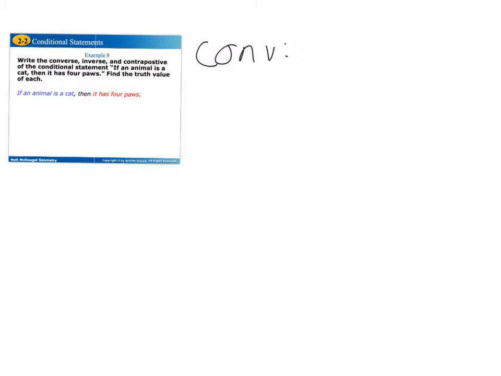Converse just means I'm switching the red and the blue. So the conditional was if an animal is a cat, then it has 4 paws. The converse is if it has 4 paws, then the animal is a cat.